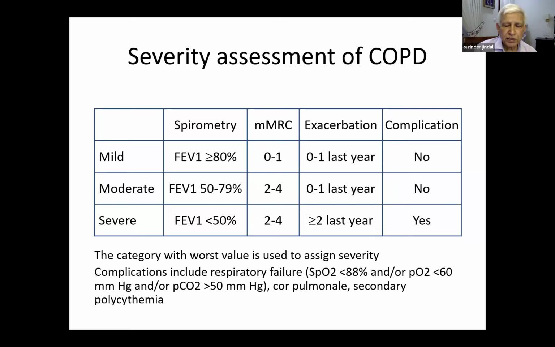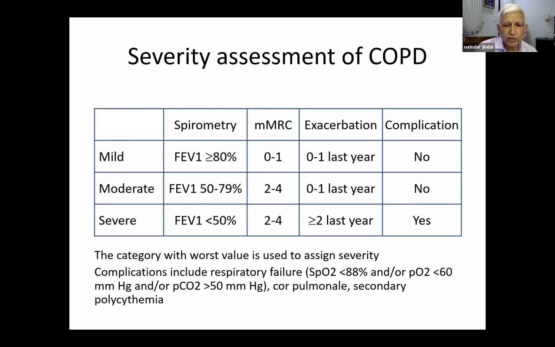Based on spirometric values, if FEV1 is more than 80%, and of course the ratio is less than 70, that is an essential criterion for all COPD, you see. And dyspnea is only 0 to 1, exacerbation and no complication. It is mild COPD, which can be easily handled.